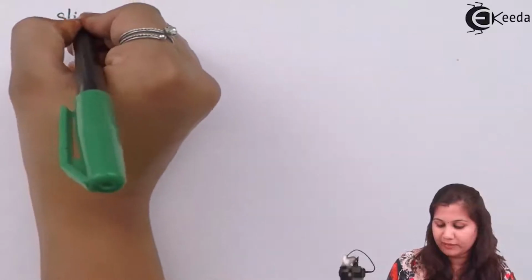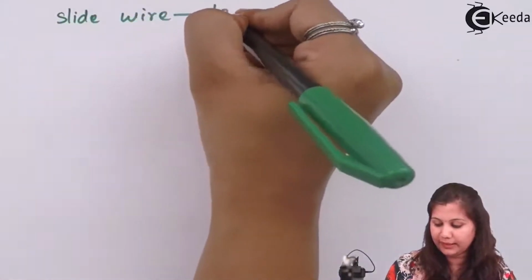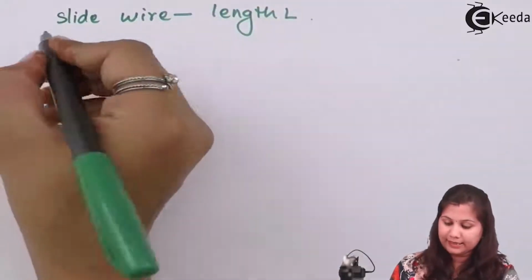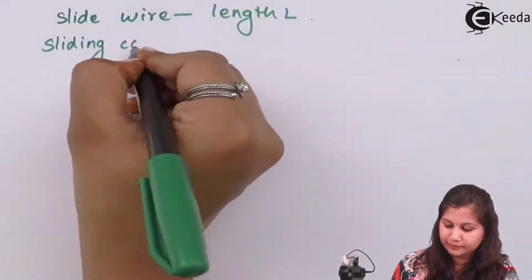So here we have a slide wire of length L, and the sliding contact is moved over the wire.